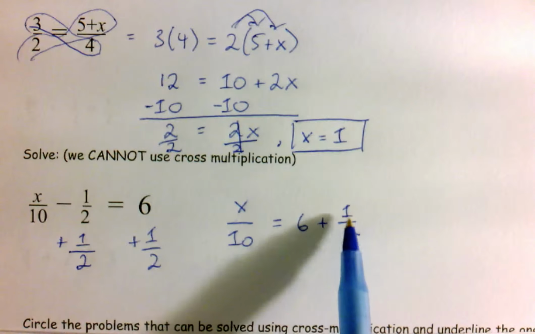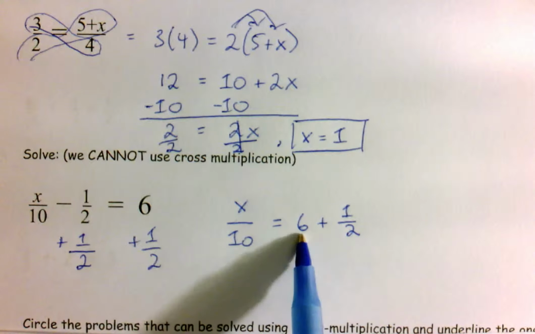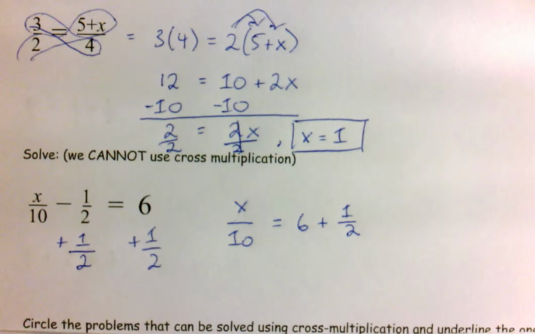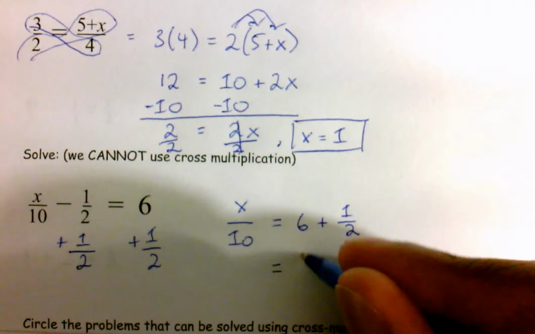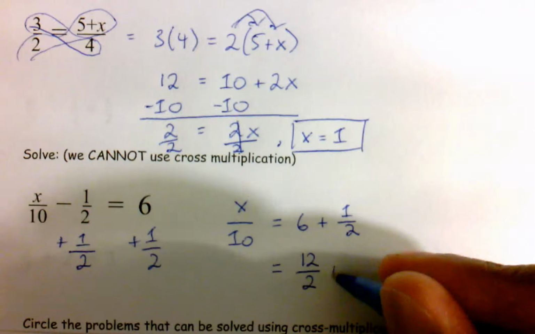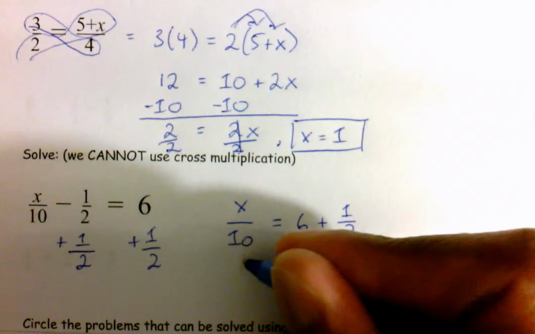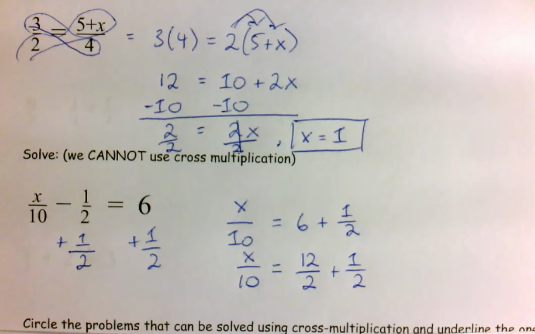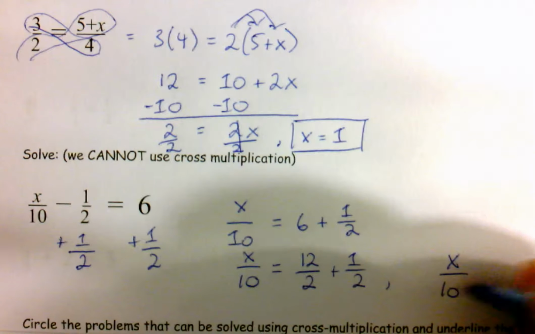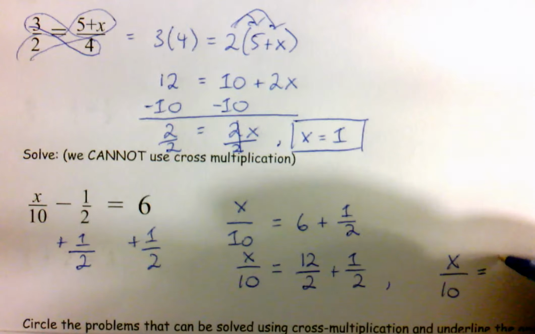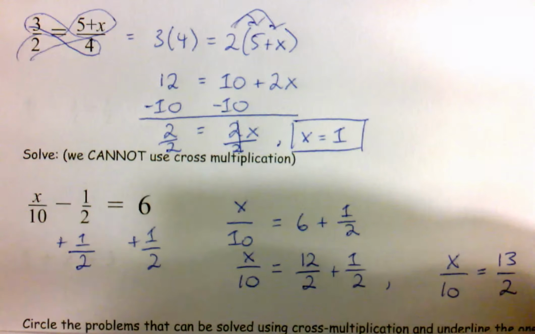So 6 is equal to 12 over 2. Now I can combine 12 halves and 1 half, and if I have 12 halves and I add to it 1 half, I have a total of 13 halves. So on my left I have x over 10 equals 13 halves.